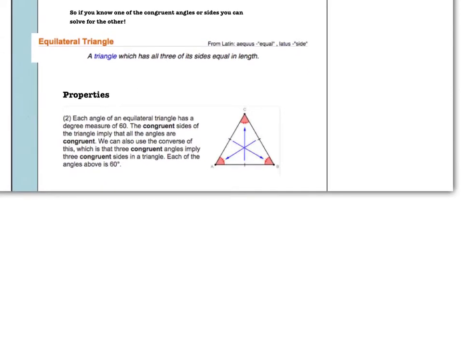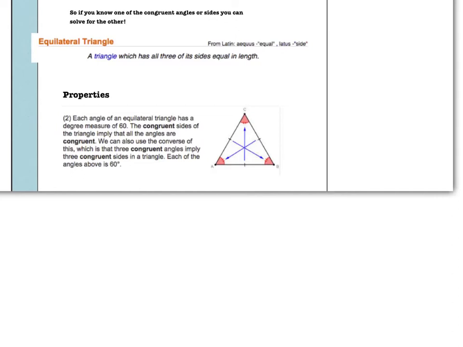Equilateral triangles. A triangle which has all three sides of the same length, so all your sides are equal. An interesting property of equilateral triangles, each angle of an equilateral triangle has a degree measure of 60. Because all must be equal, so it's 180 divided by 3. The congruent sides of the triangle imply that all angles are congruent.